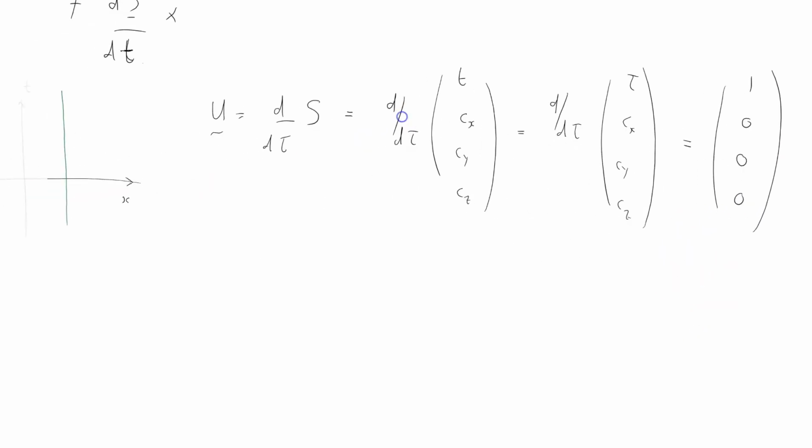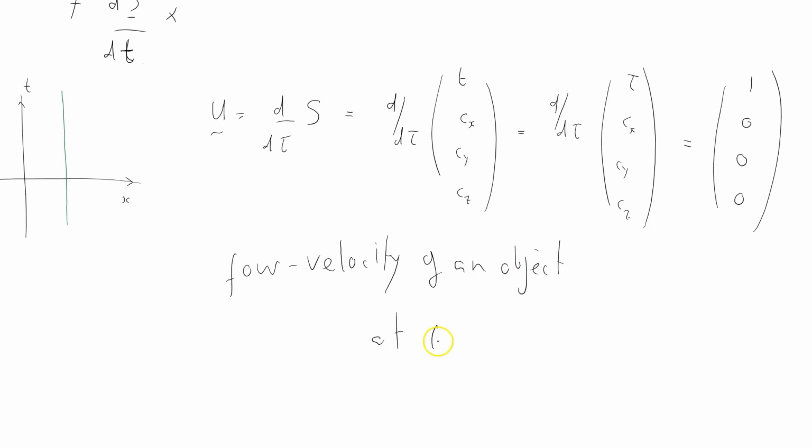So the four-velocity of an object at rest equals 1, 0, 0, 0.